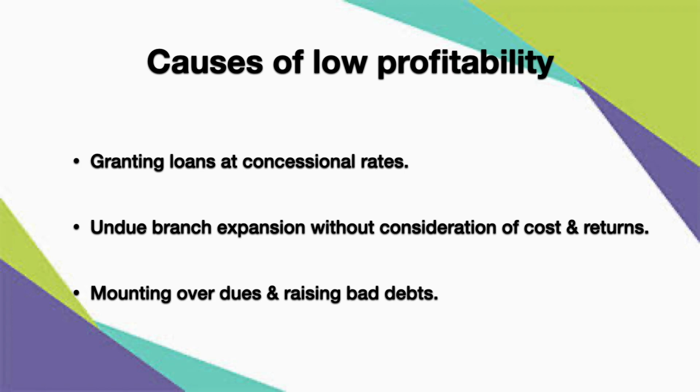So let's look at the causes of low profitability. Why do banks have low profit? Number one, granting loans at concessional rates. To overcome this situation, RBI says keep a percentage of money with the RBI, that is called CRR.